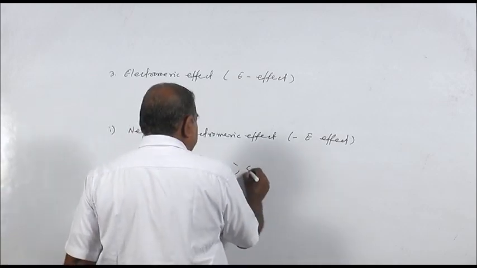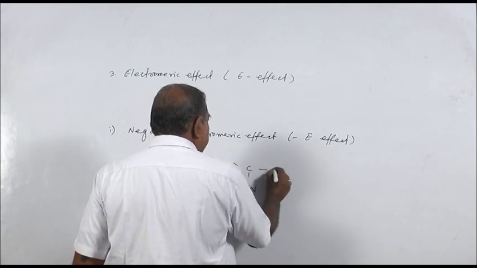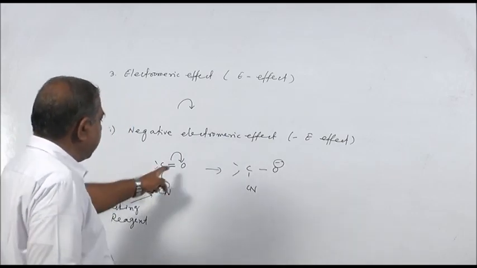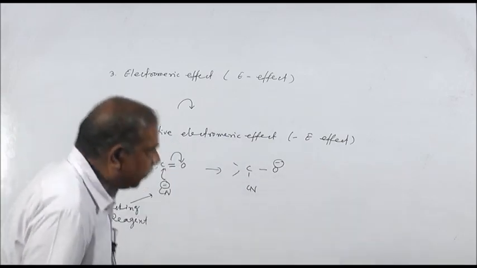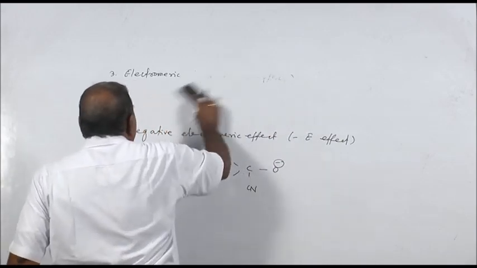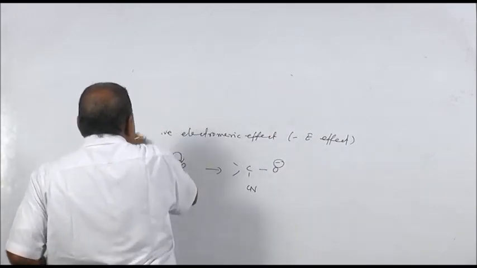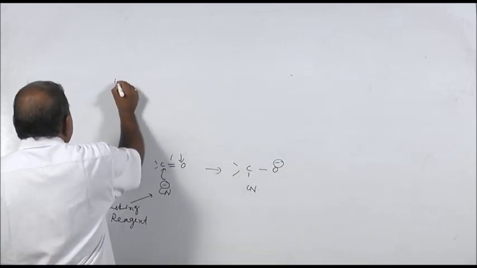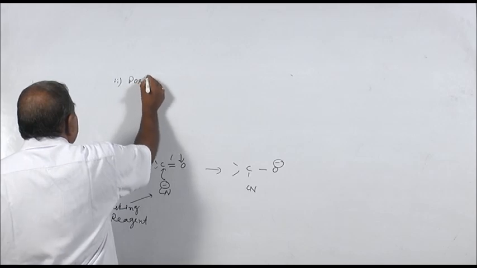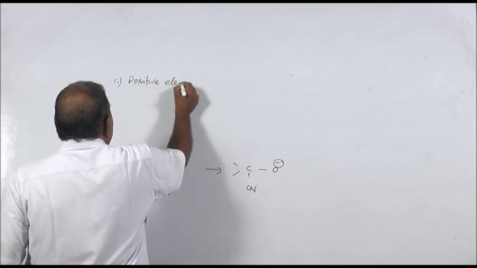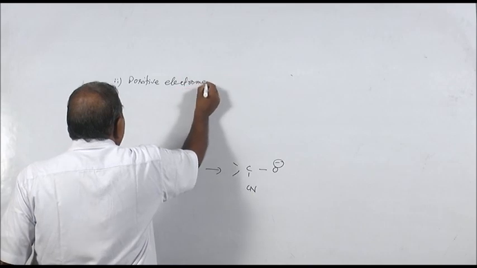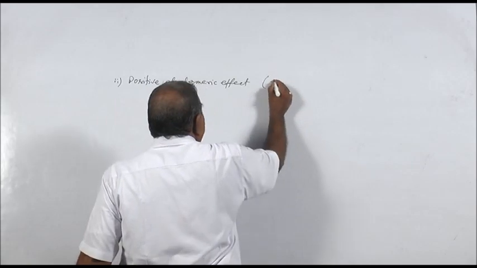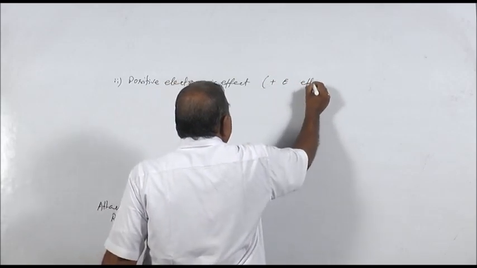So you can find the electron is shifted away from the attacking reagent. On the other hand, if the electron is shifted towards the attacking reagent, then it is said to possess positive electromagnetic effect. That is called plus E effect.